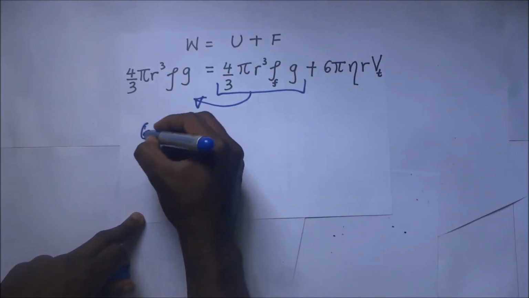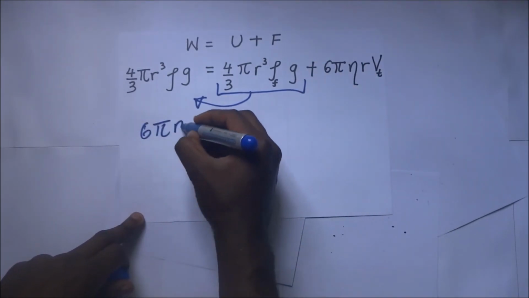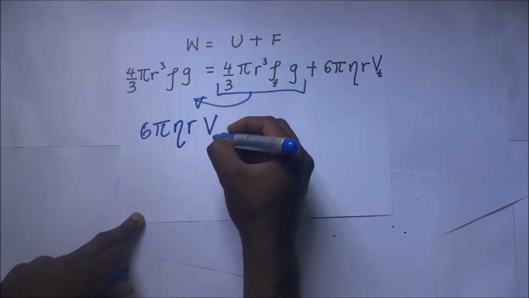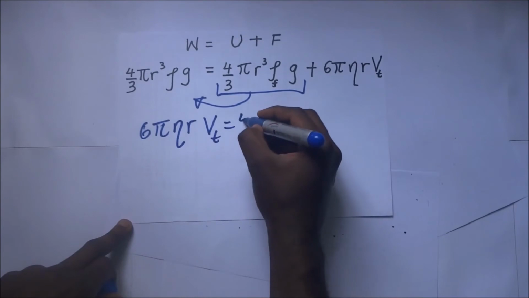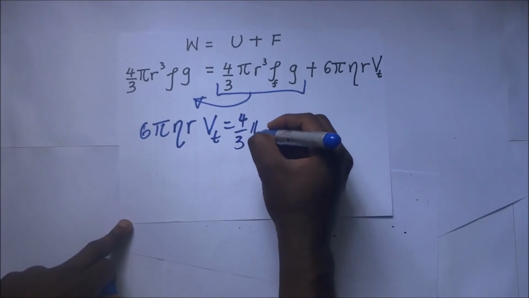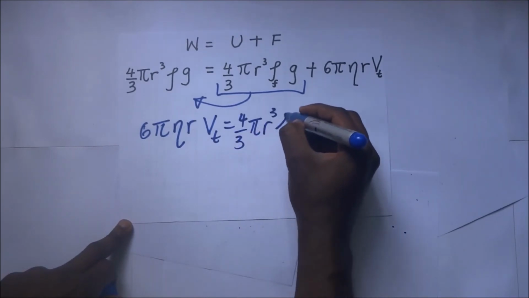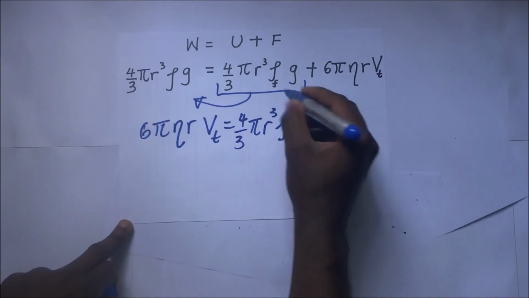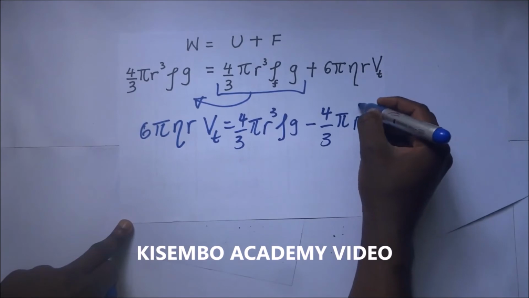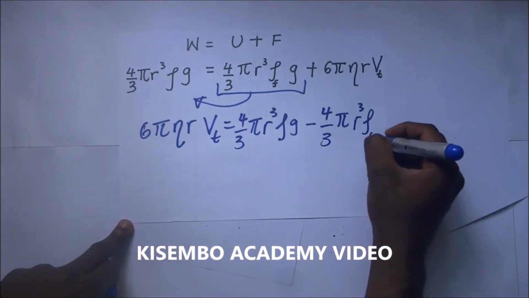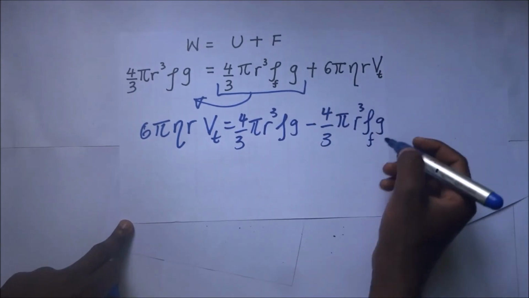It's going to become 6 pi times coefficient of viscosity times r times the terminal velocity, which is going to be given by this minus that. So it's going to become 4 over 3 pi r cubed times density of the sphere times gravity minus this, which is 4 over 3 pi r cubed times density of fluid times gravity.